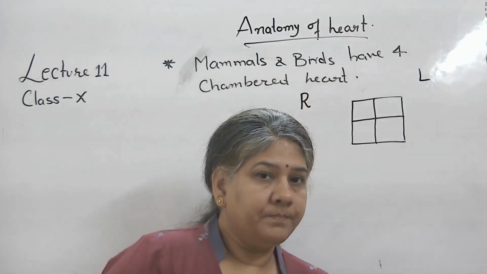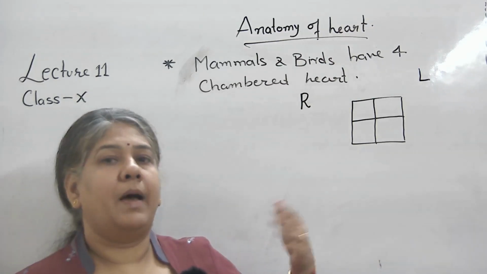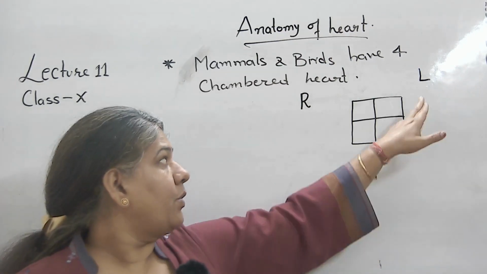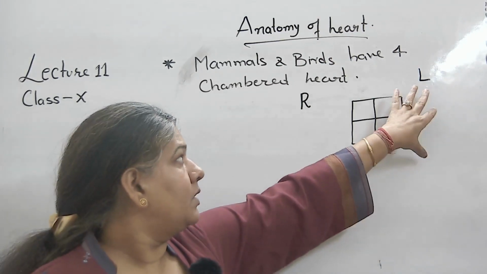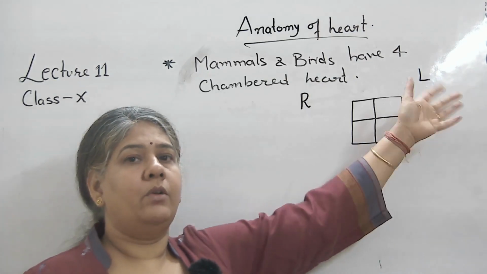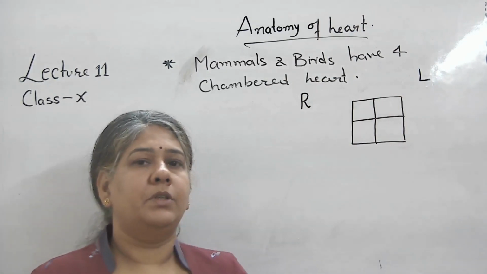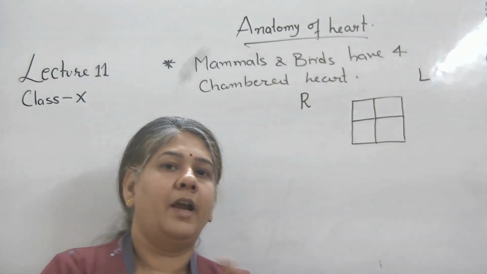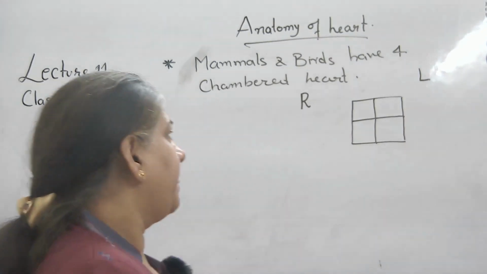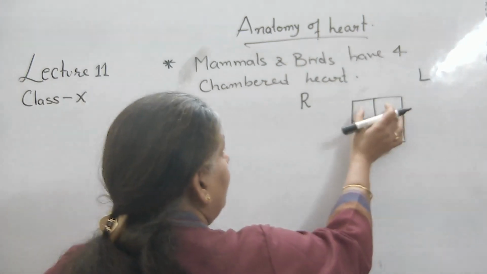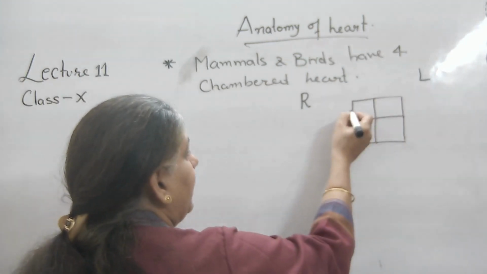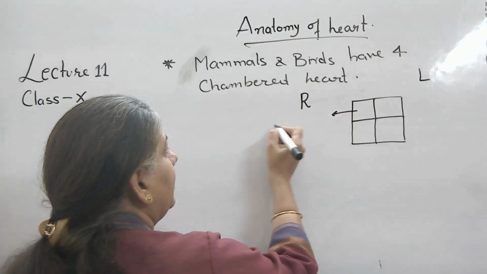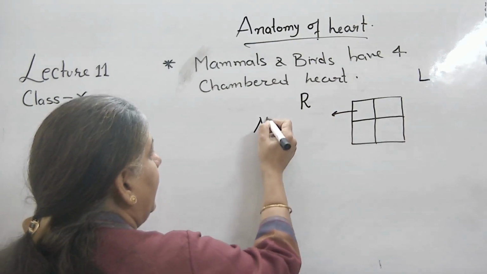So this is my left and your right. Assume that you are studying the heart of a person standing in front of you. So the left and right get reversed. The upper 2 chambers that are present are called atria.